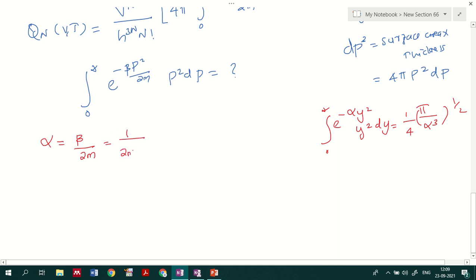So from that I can represent lambda as 1 by 2m kT. Hope you are clear.